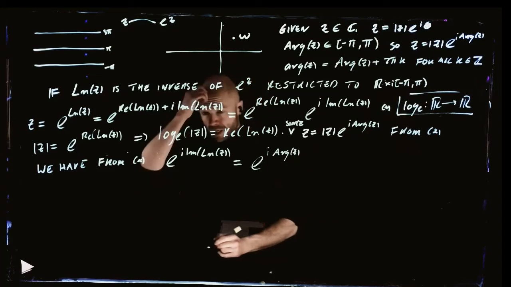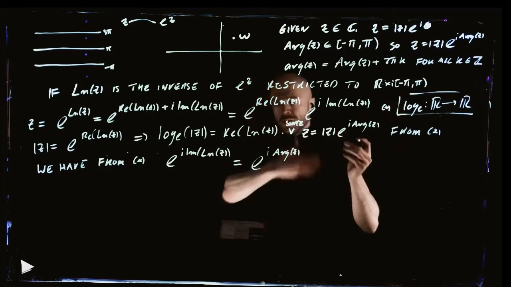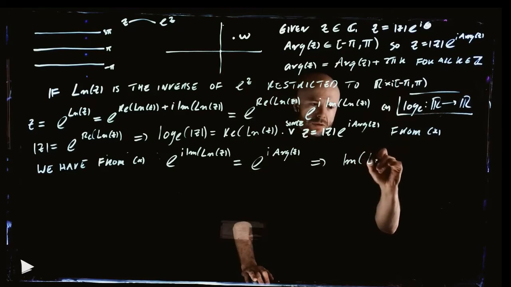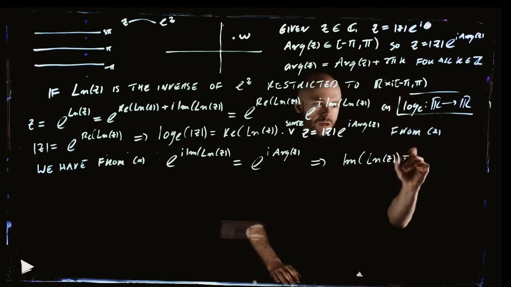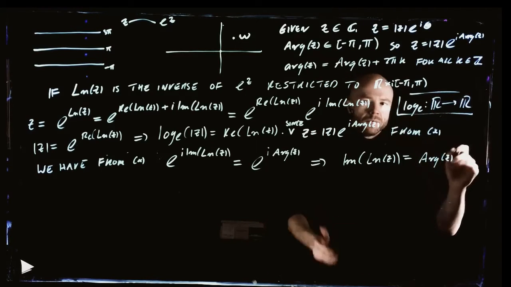And the only way that's true, we could also write e to the little i arg of z. This implies that the imaginary part of log of z is equal to arg of z plus 2 pi k.